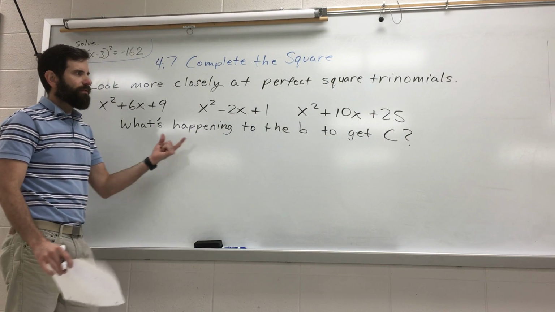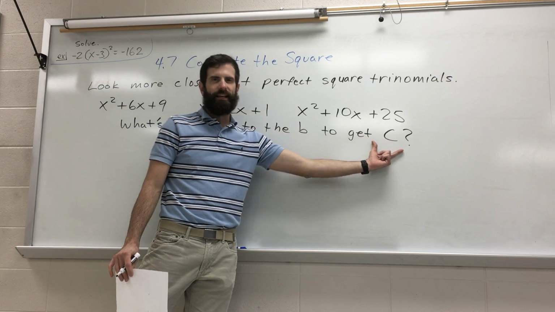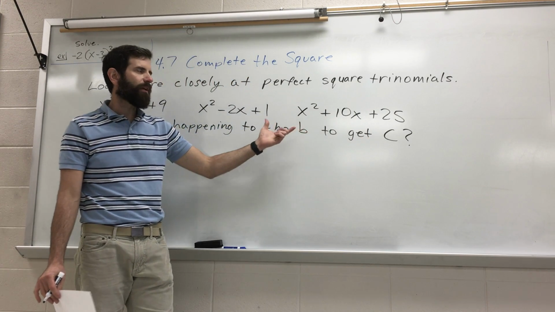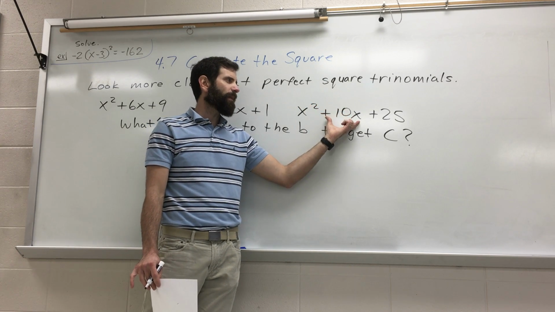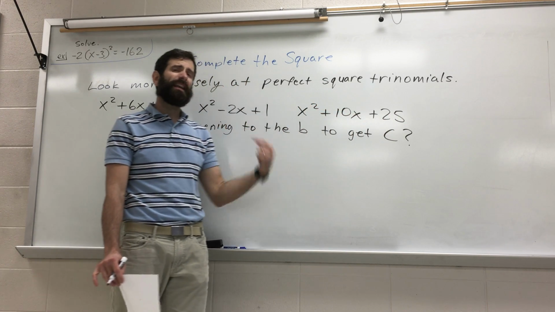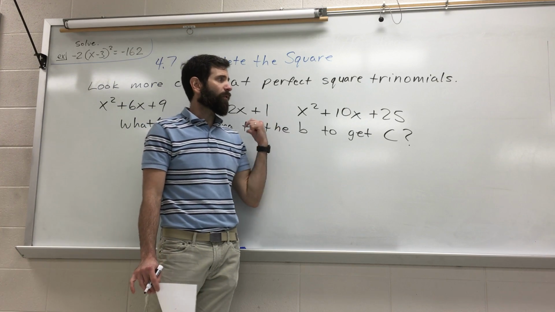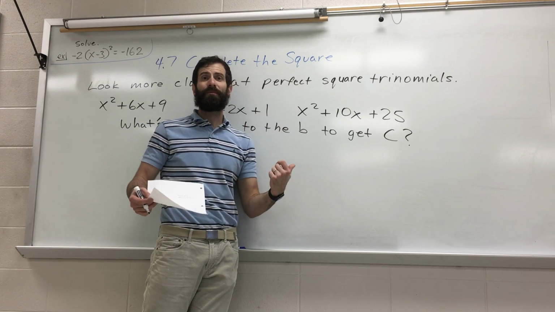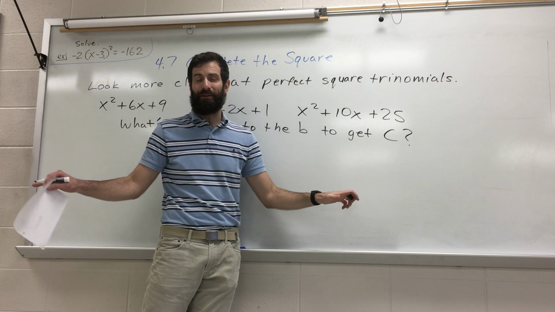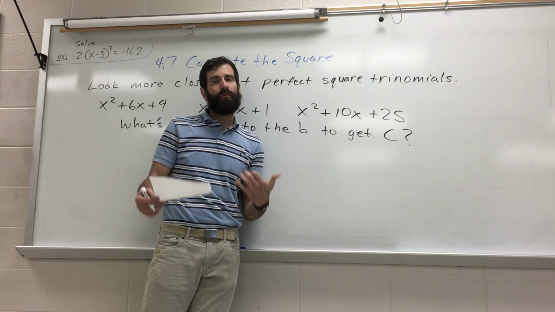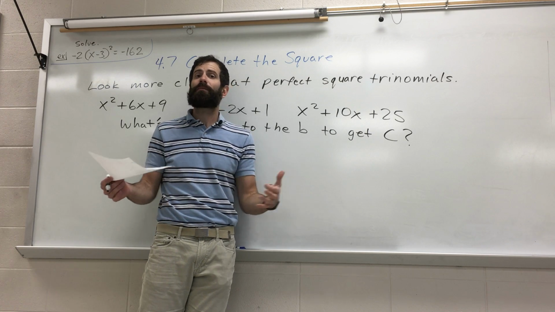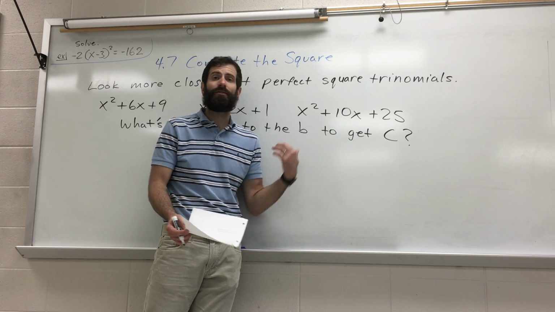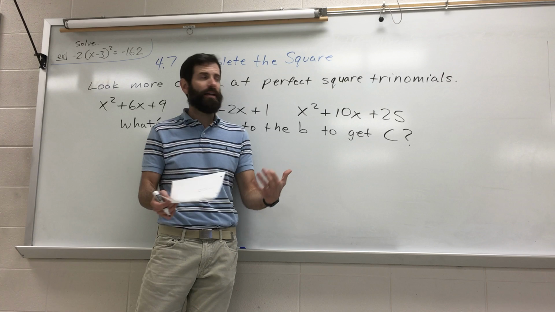It turns out there's a relationship here when you have perfect square trinomials between the b term and the c term. Now where we're heading with this is we're going to be able to write a perfect square trinomial in any problem. And when you're able to write a perfect square trinomial in any quadratic, then you're going to be able to solve any quadratic by using square roots, which is pretty amazing.